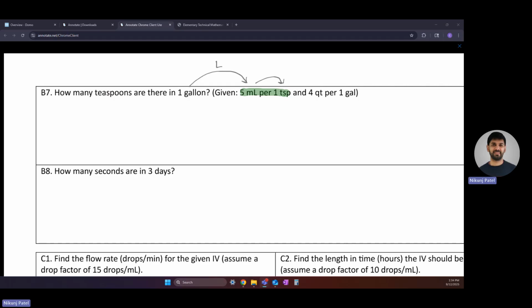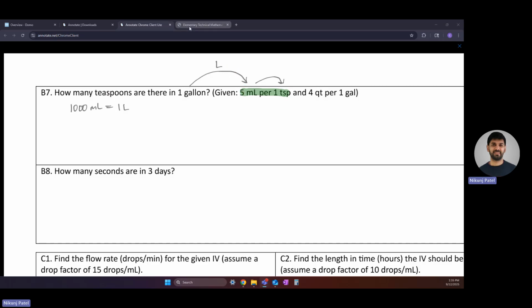One of the ones that we used earlier was that we know that 1,000 milliliters is equal to 1 liter. So that allows us to make a connection between liters and milliliters.